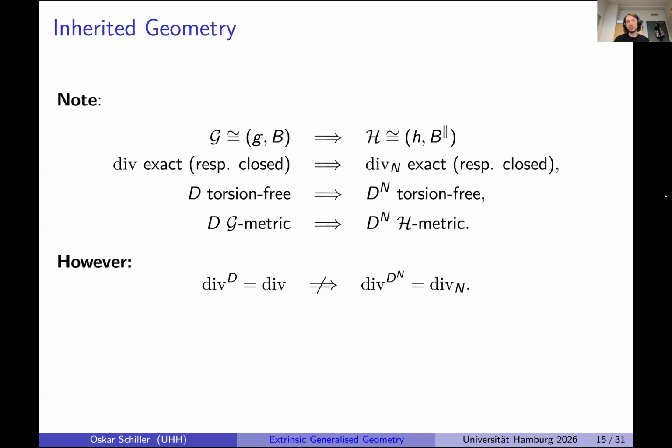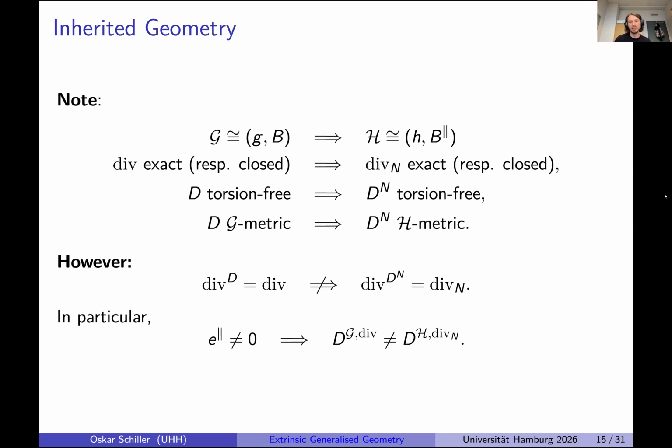You can't always achieve this. Within the space of generalized Levi-Civita connections compatible with a given divergence operator, there always exists a choice, which is also not unique in most cases, for which the compatibility is preserved under this process of inheritance. But you have to be careful with this.